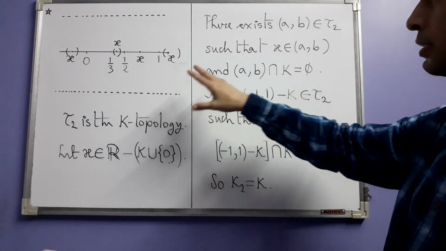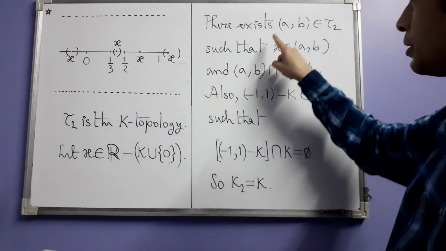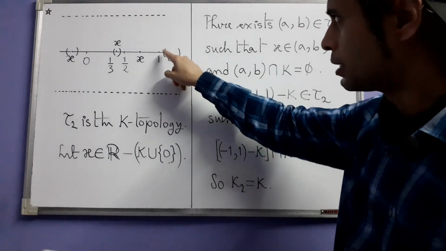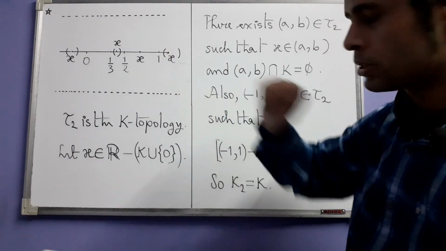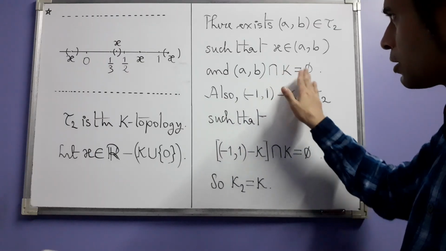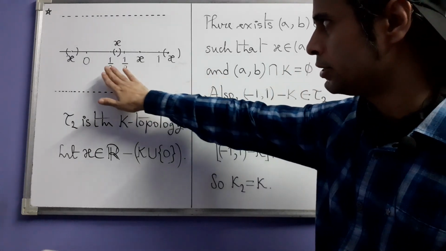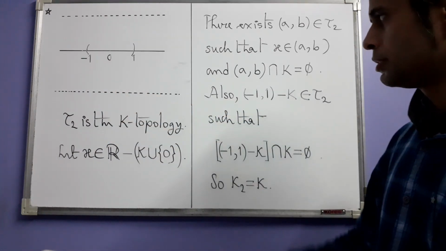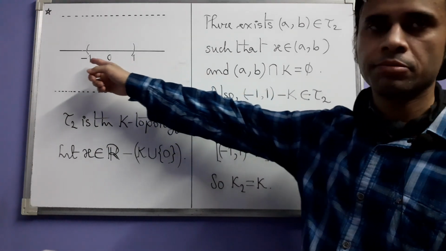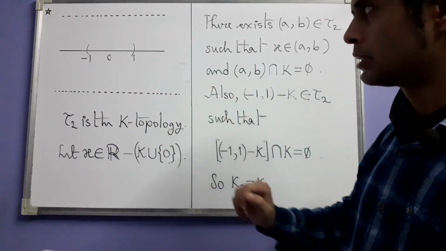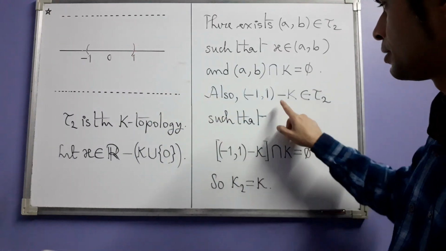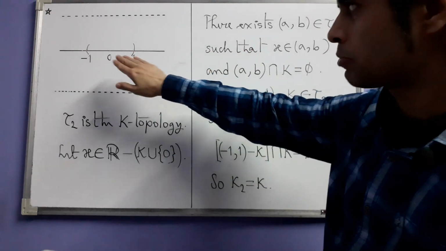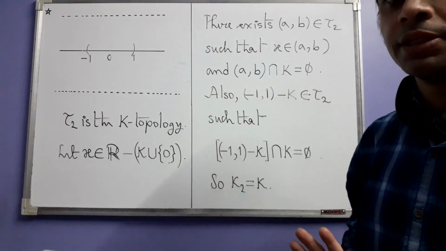And what we are saying is that no matter where x lies, there exists a sufficiently small open interval like this that will contain x, but that will not intersect K. It won't have any of these reciprocals, which you can easily see. So this is that basis element, the open interval (-1, 1), from which the set K has been removed. We cannot of course show this. Those reciprocals of positive integers have been removed.